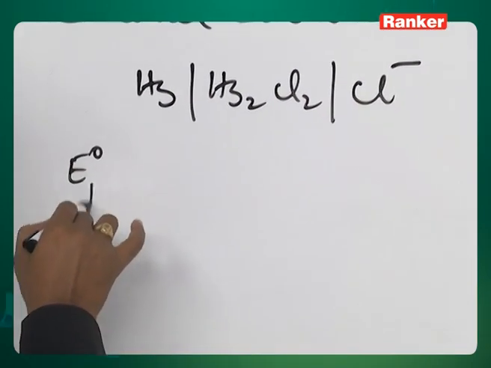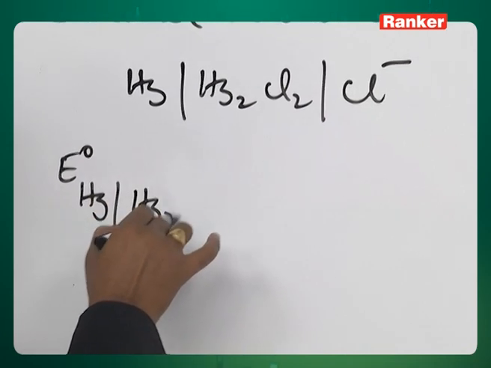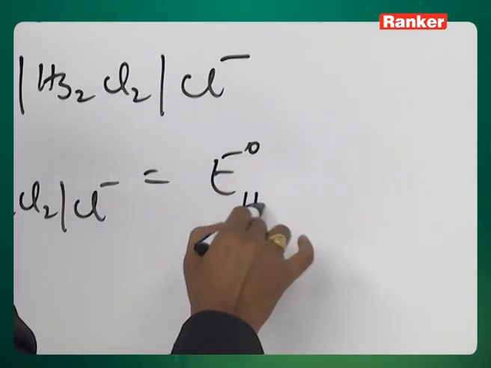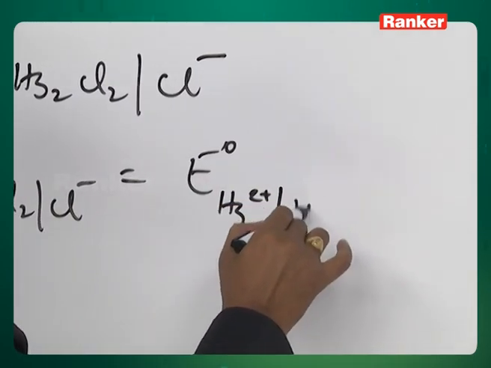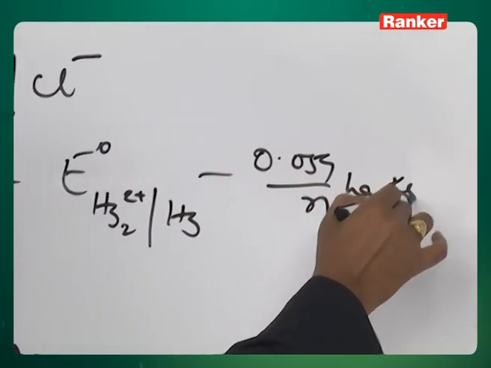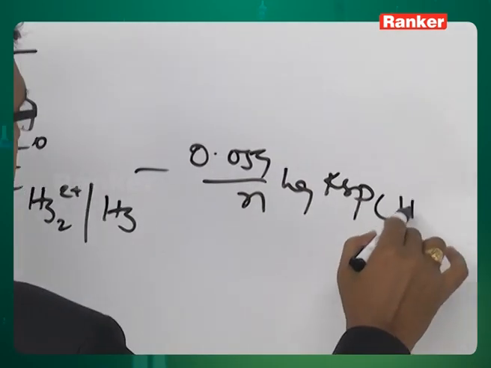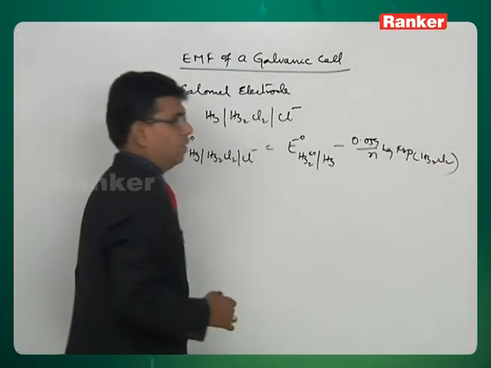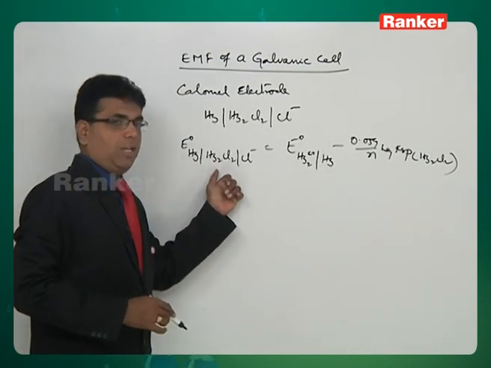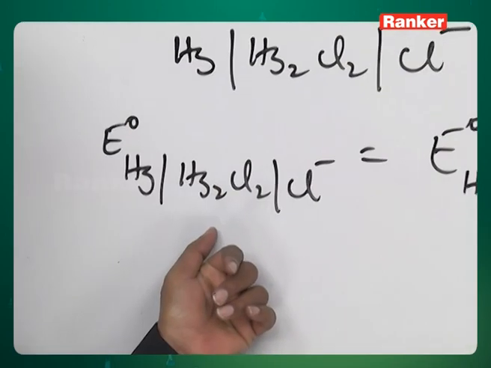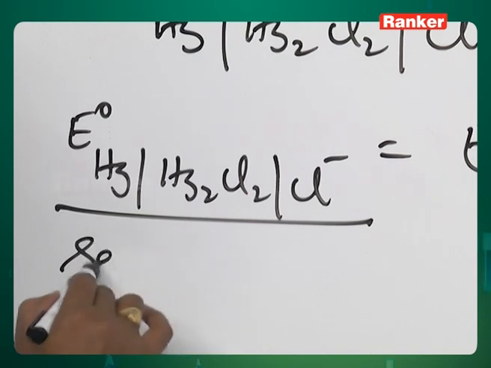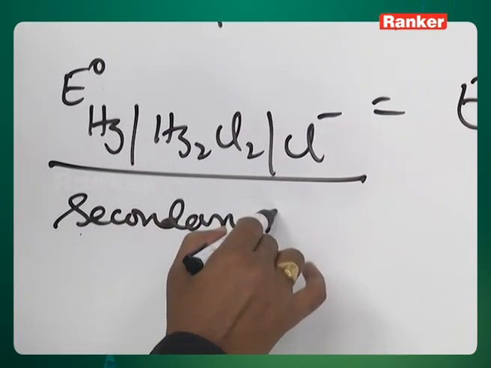For this, E naught of the calomel electrode Hg2Cl2/Cl minus is equal to E naught Hg2 2 plus/Hg minus 0.059 by n log Ksp of Hg2Cl2. This is for the calomel electrode. Using this equation, the E naught for the calomel electrode is determined, which is now available in the tables, and this is what we use as a secondary reference electrode.